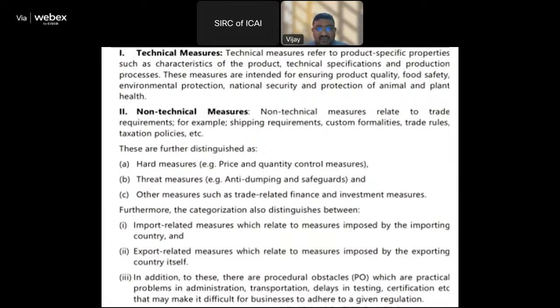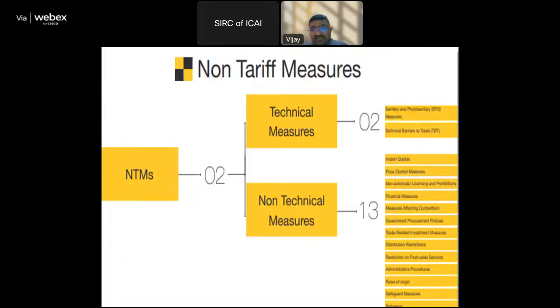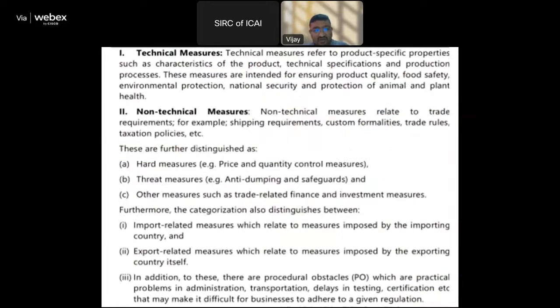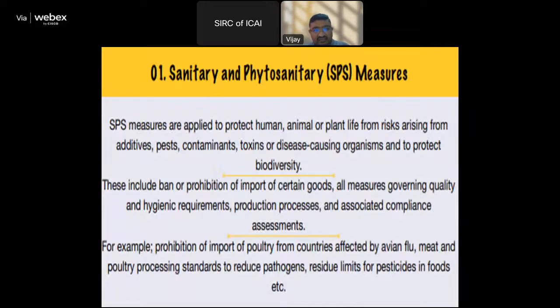Technical measures are what we said already: technical barriers to trade, sanitary and phytosanitary measures. Non-technical measures: import quotas, price control measures. So these are the technical and non-technical measures.